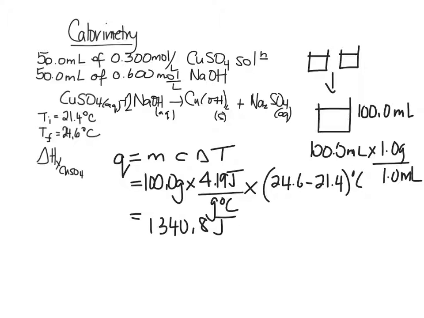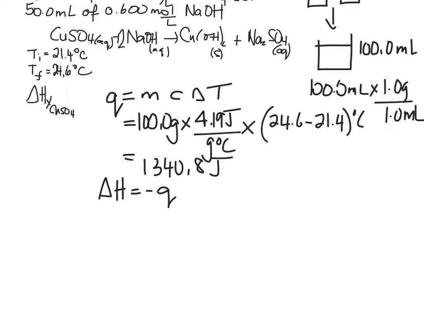Anybody else get that answer? Awesome. All right, so now we have our Q. You write delta H is equal to negative Q. So now delta H is negative 1340.8 joules.